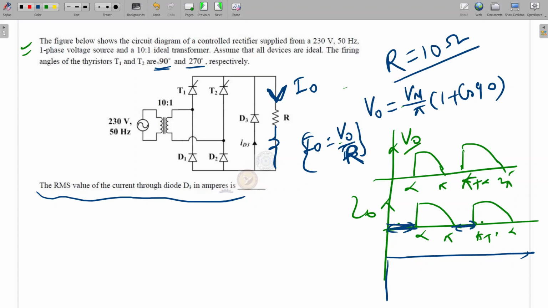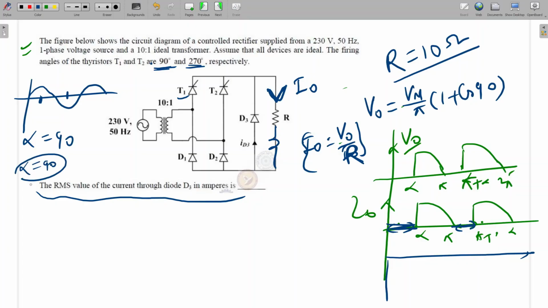See, thyristor T1 is triggered at 90, so alpha is 90. Then T2 is conducting at pi plus alpha, so pi plus alpha means 180 plus 90, 270. So we can say that alpha is equal to 90. Is it clear? Okay, sir.